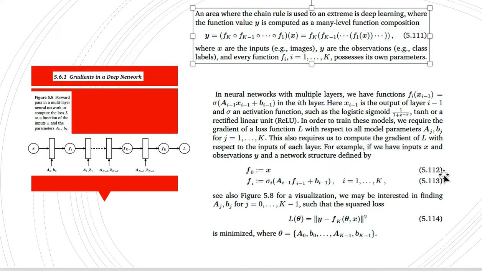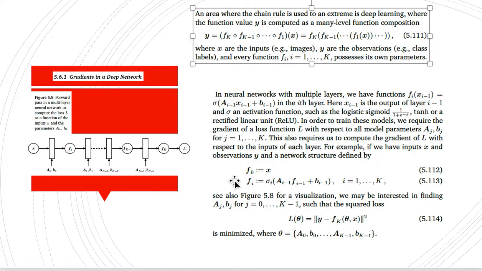For example, if we have input x and observation y and a network structure defined by this function, let's see in this figure 5.8, forward pass in a multi-layer network to compute the loss L as a function of the input. So this is our input and the parameters A_i, b_i. This is the parameter we have, and these are the list of functions that we have.